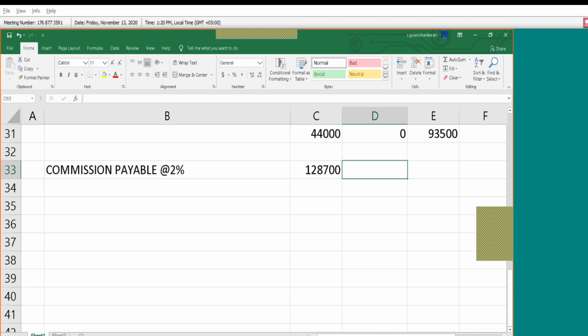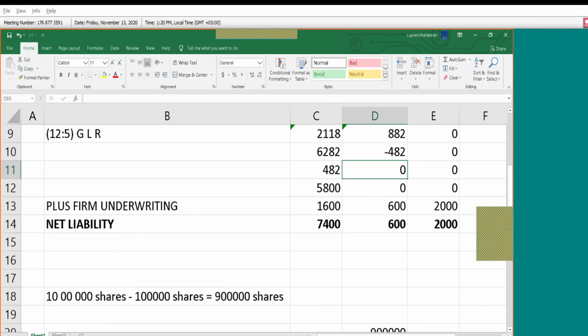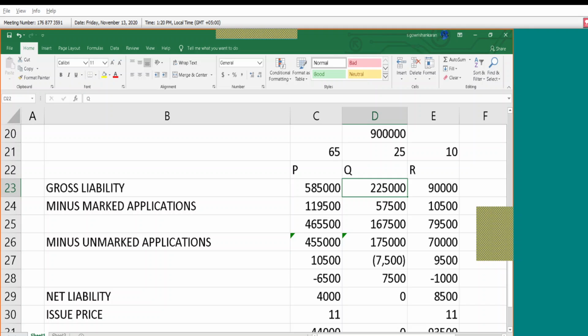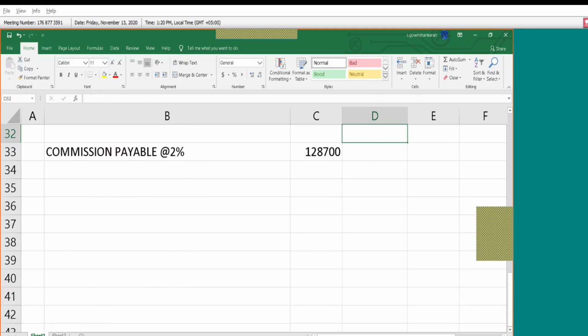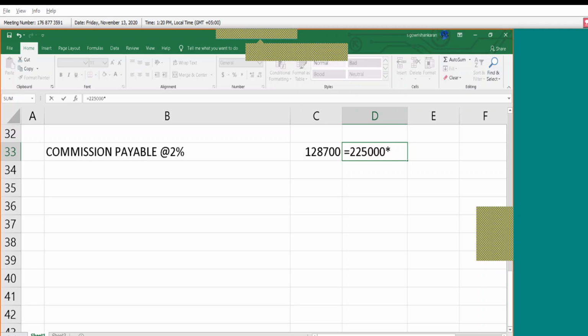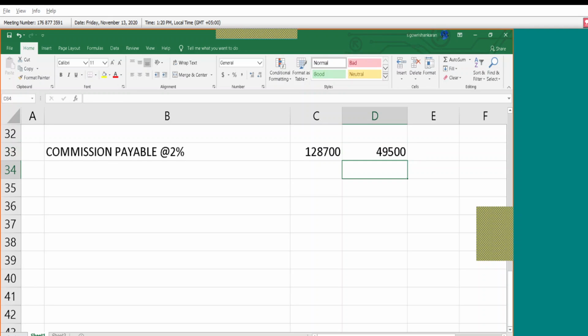Then the next one, 2,25,000 into 11 into 2% is 49,500.